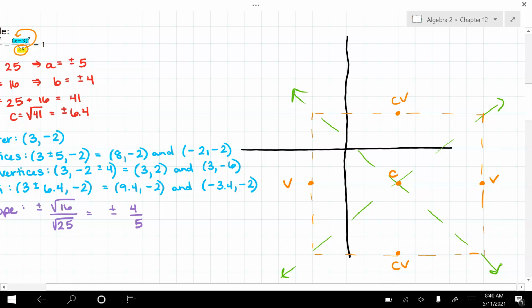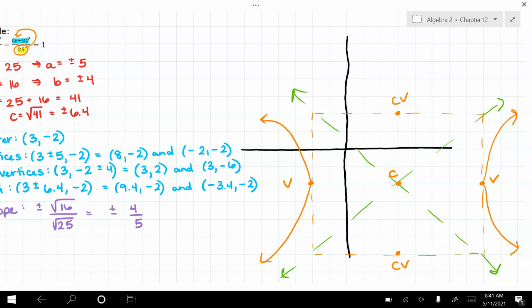Now, since we were on the left-hand side of the chart, again, that's when your major axis is the horizontal. So these are going to be the ones that open up to the left and open up to the right. So you go off of the vertex point and you draw those two branches in. Okay, like that.